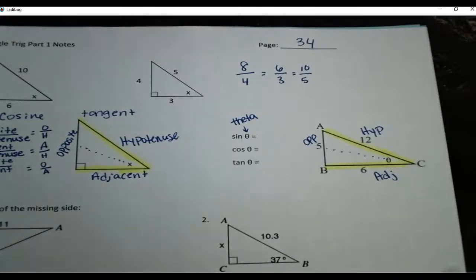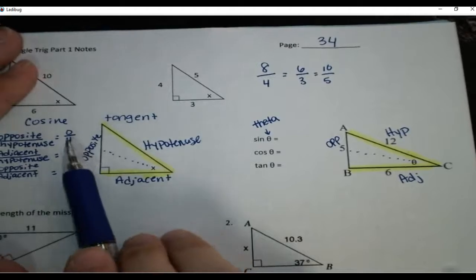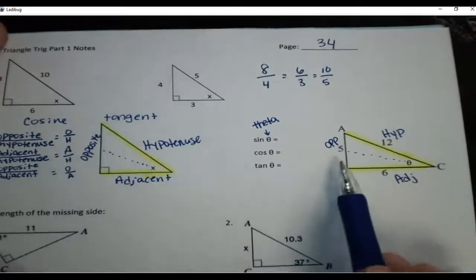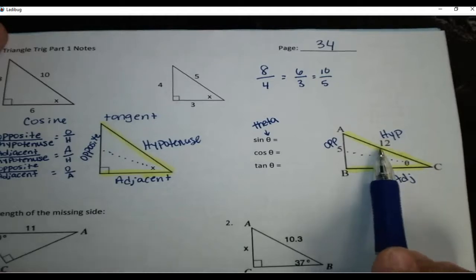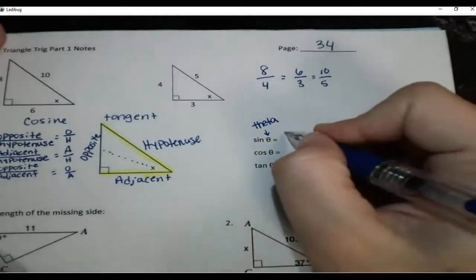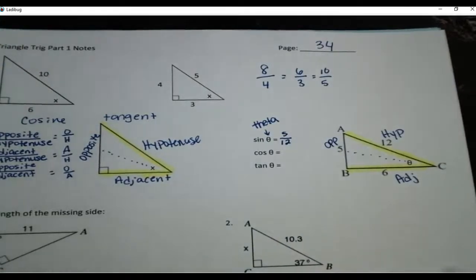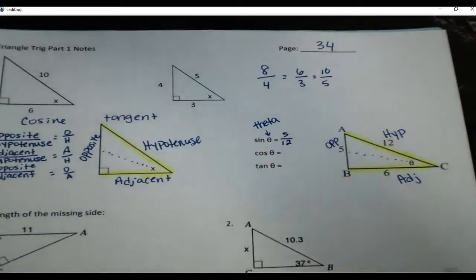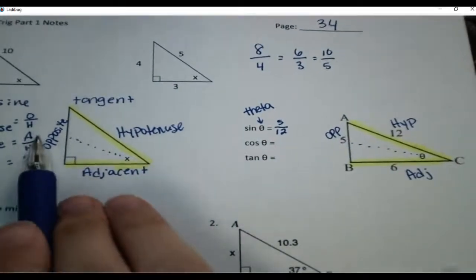Okay, so now we're just going to set up our ratios. Sine, we said, was opposite over hypotenuse. Our opposite is 5, our hypotenuse is 12, so sine of theta is 5 over 12. Questions on that? Okay. Cosine is adjacent over hypotenuse.